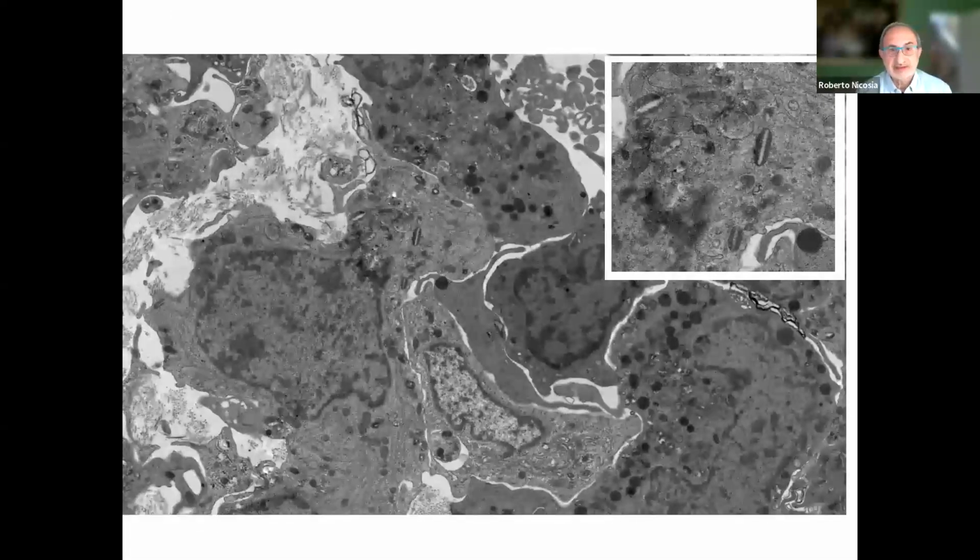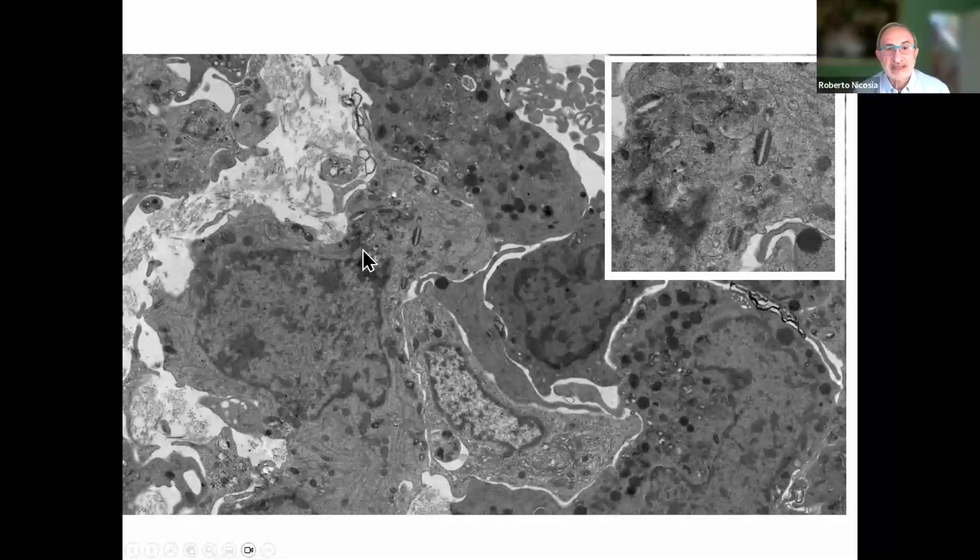These are high magnification views of some of the cells in the interstitial cell infiltrate. And you can see a cell like this one that has an indented nucleus with electron-dense granules, most likely representing a neutrophilic metamyelocyte.